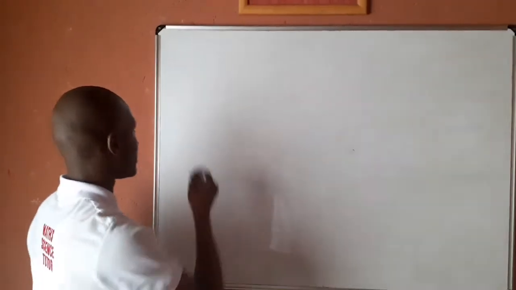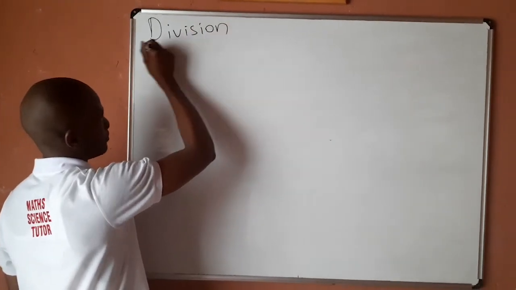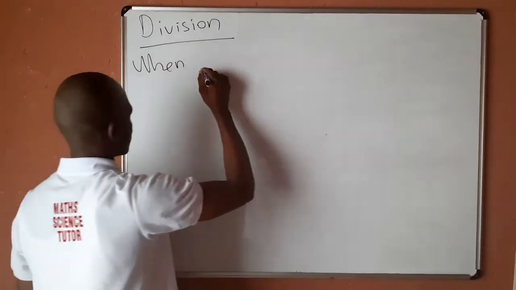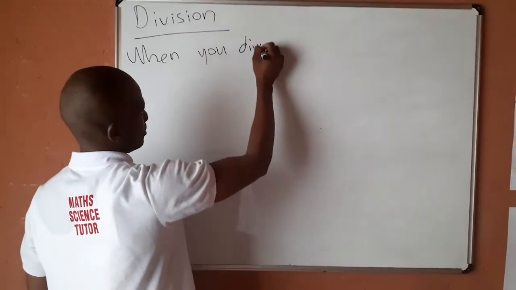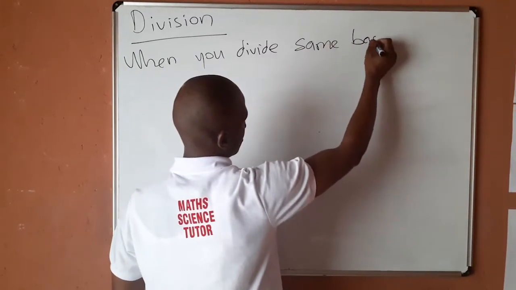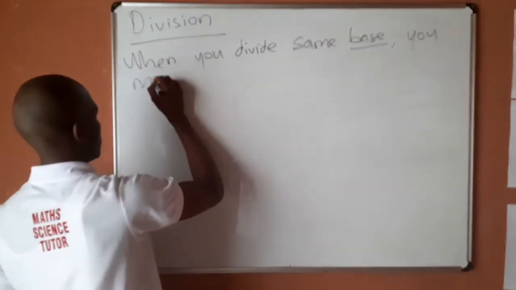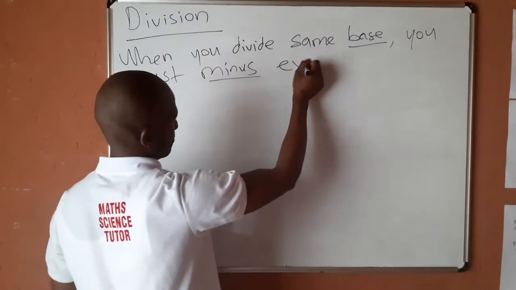So now I'm doing division, guys. When you divide same base, you must minus exponents.